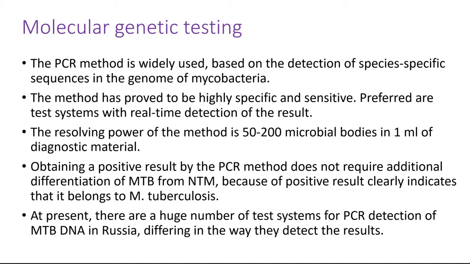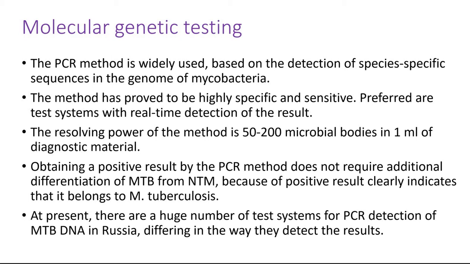The method has proved to be highly specific and sensitive. Test systems with real-time detection of the result are preferred. The resolving power of the method is 50 to 100 microbial bodies in 1 milliliter of diagnostic material.